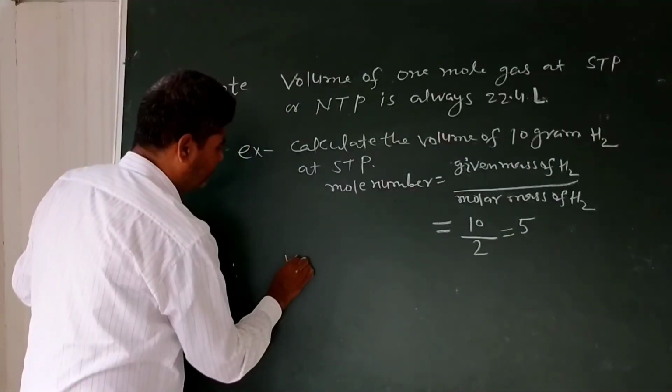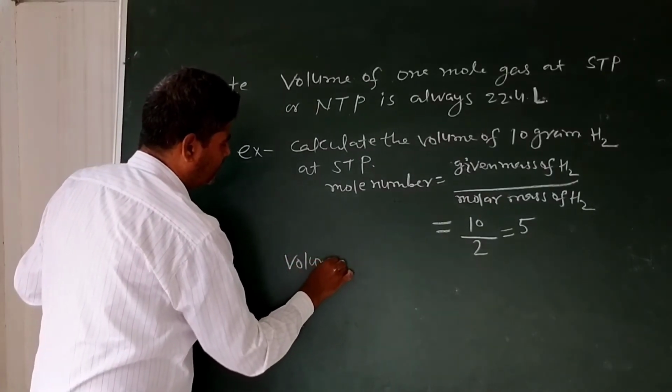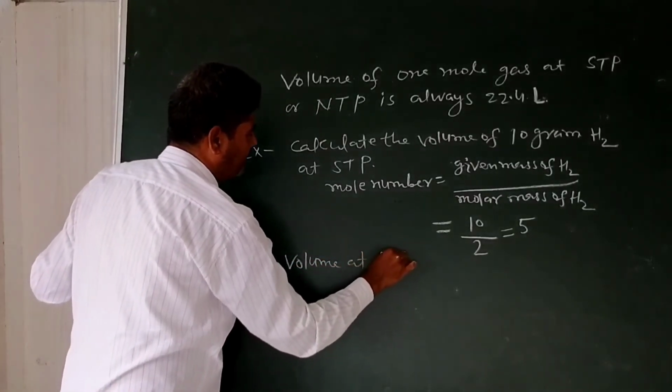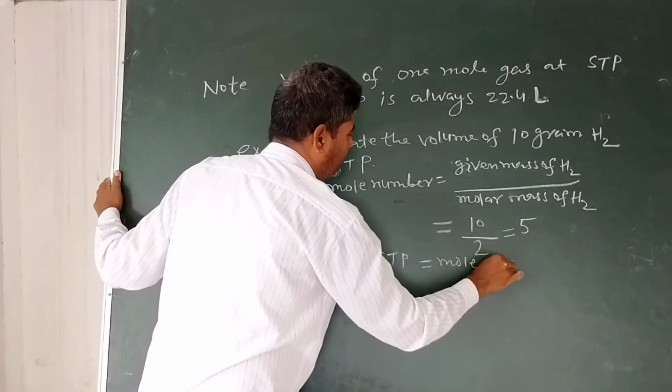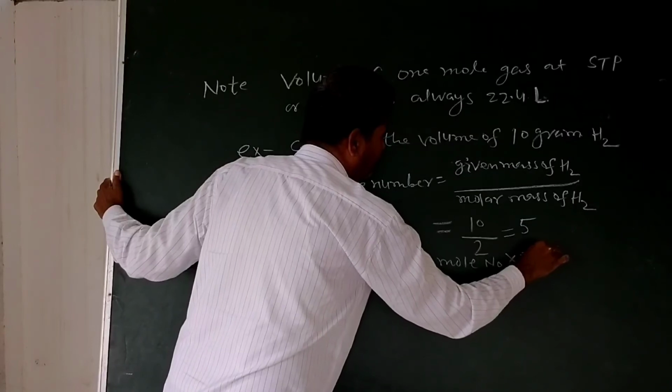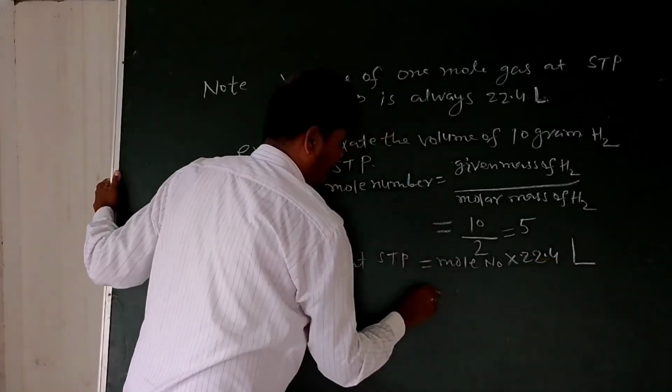Now volume at STP is equal to mole number into 22.4 liter.